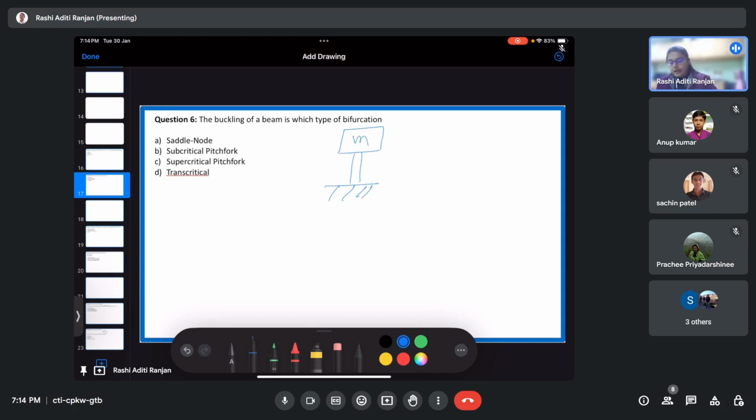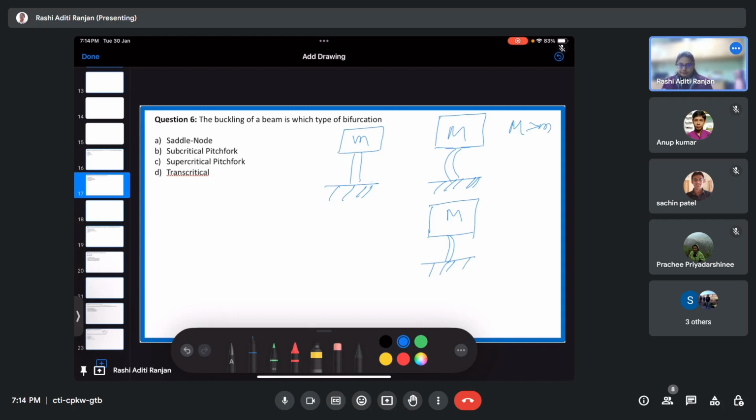Now I increase the mass to capital M, which is greater than small m and greater than the critical load. What is going to happen? The beam is going to buckle, either like this or like this. Correct?